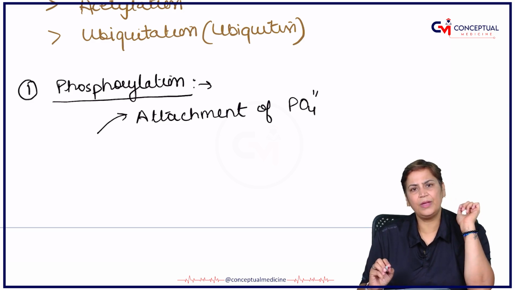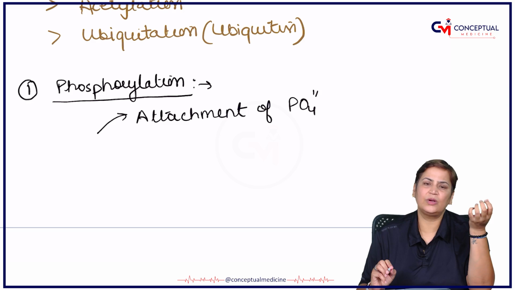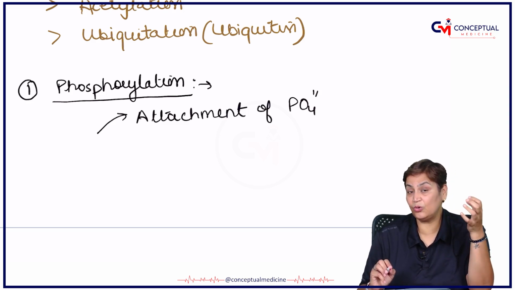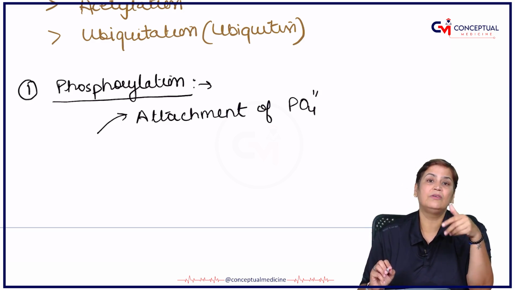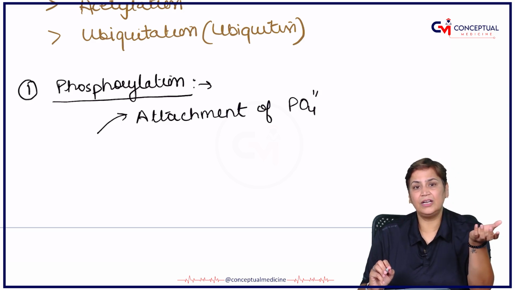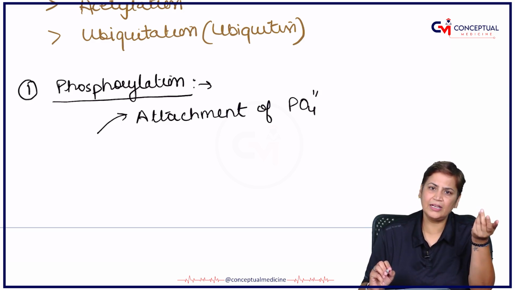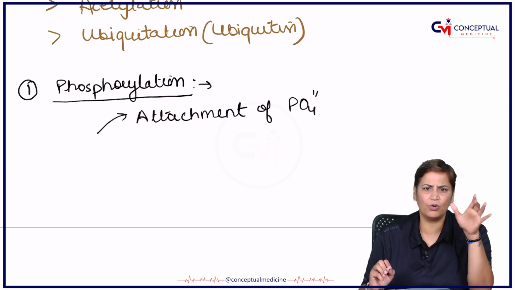To make the enzymes functional, whenever any active enzyme has to function, it will be converted into a phosphorylated derivative or a dephosphorylated derivative depending upon its function. So phosphorylation and dephosphorylation, these are two very, very important examples.